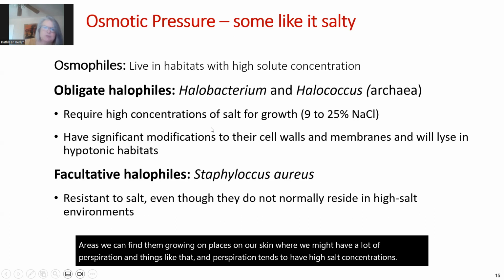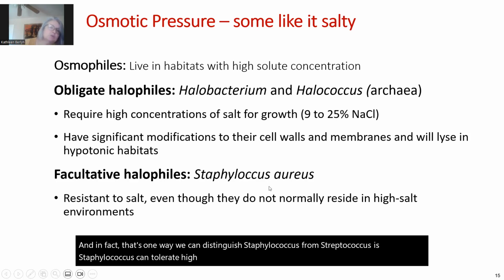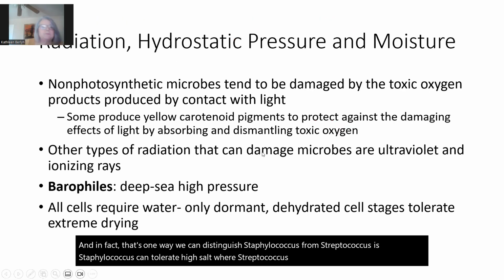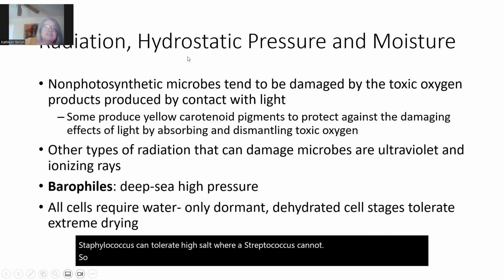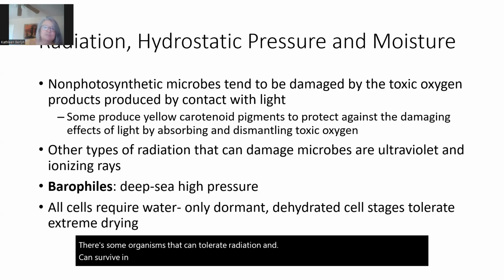And in fact, that's one way we can distinguish Staphylococcus from Streptococcus: Staphylococcus can tolerate high salt, whereas Streptococcus cannot. So other considerations: radiation, hydrostatic pressure, and moisture. There are some organisms that can tolerate radiation and survive in conditions where they're exposed to ultraviolet or ionizing radiation, gamma rays, that sort of thing.